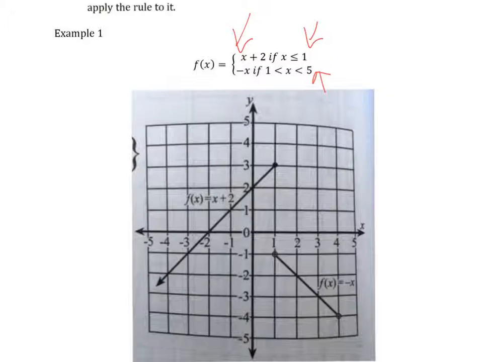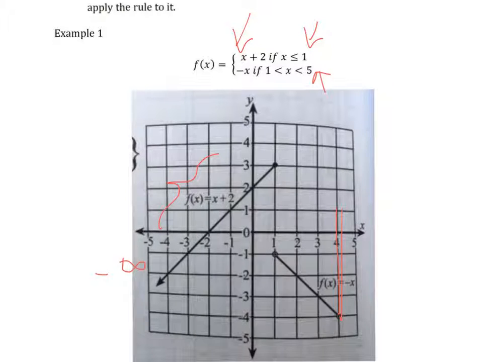So down below here we're asked what the domain and range is, and as you can see, this part of the graph for x plus 2 is going off to negative infinity. And as we continue from the point 1 of the domain, it stops right here at 4.